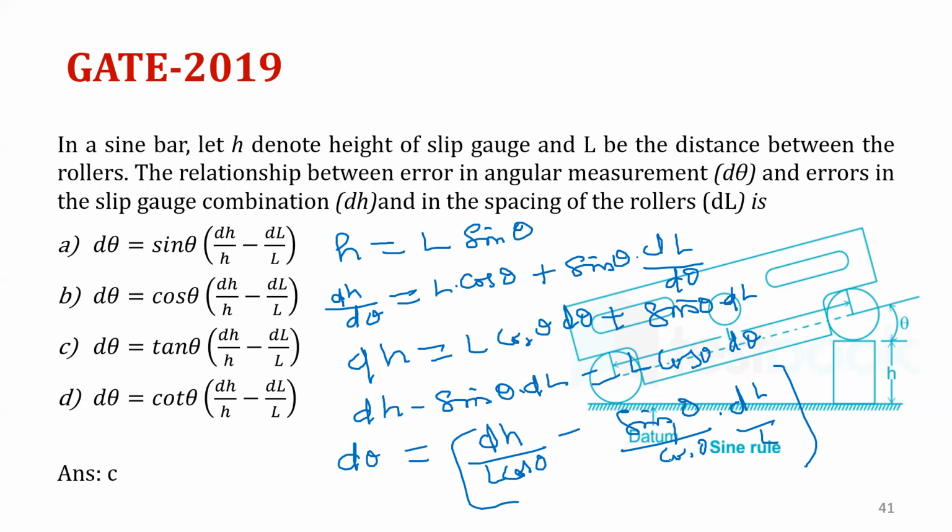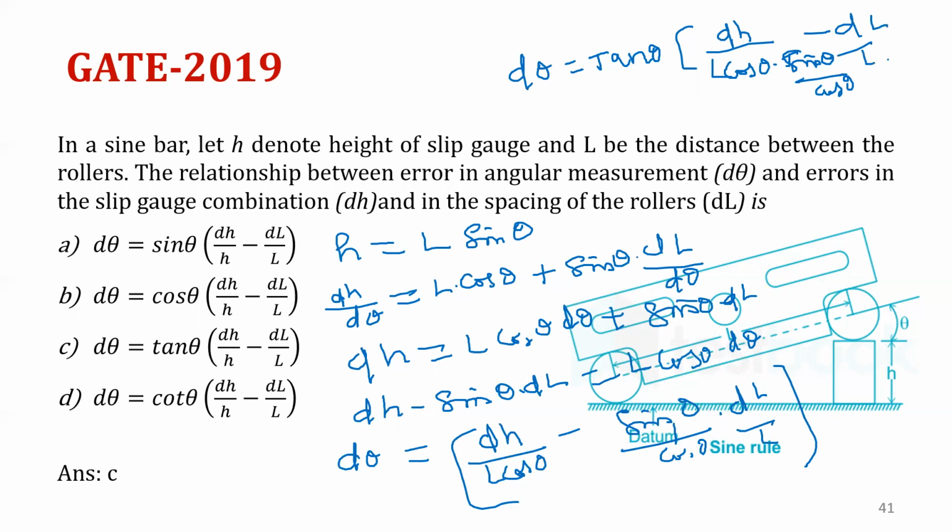In this, sine theta by cos theta is tan theta. So d theta is equal to, if you take tan theta out, tan theta into dh by L cos theta into tan theta, or tan theta I can write as sine theta by cos theta, minus dl by L. Here cos theta gets cancelled, you will get L sine theta.